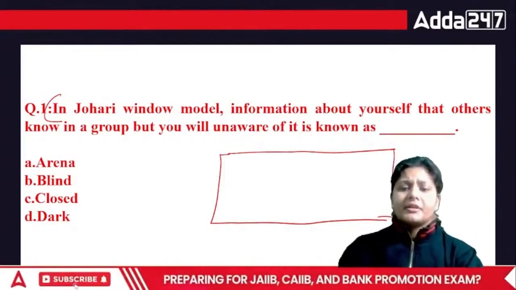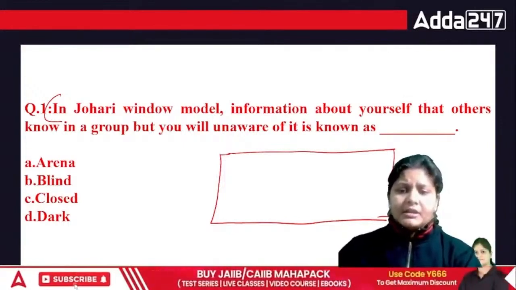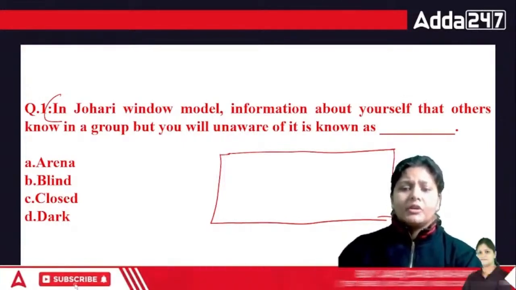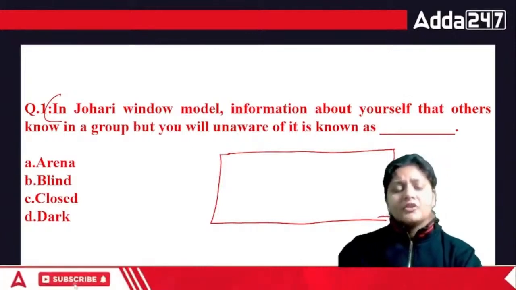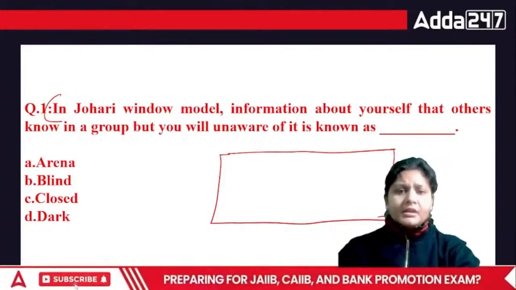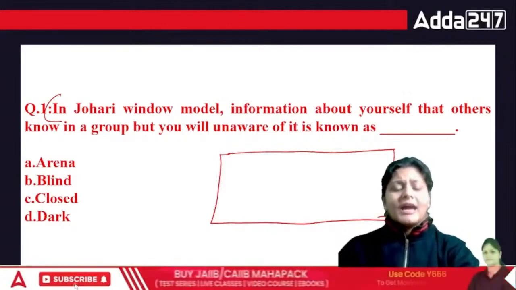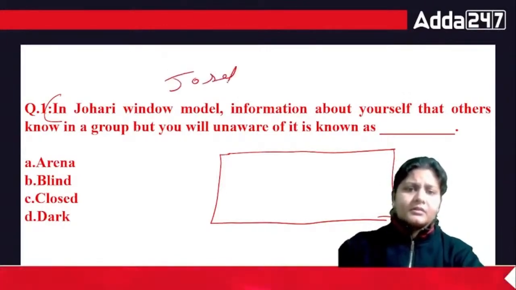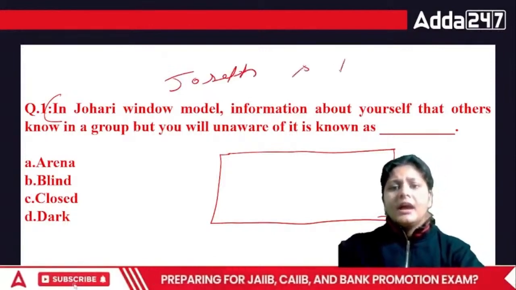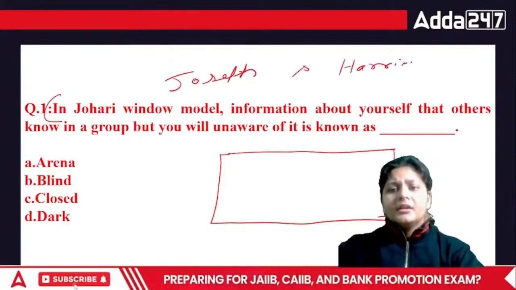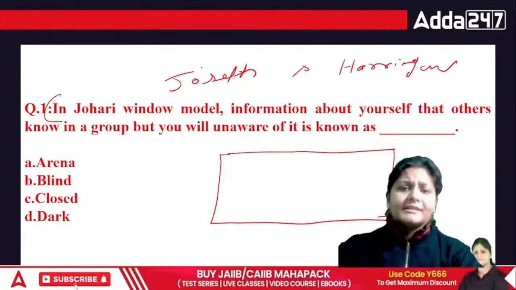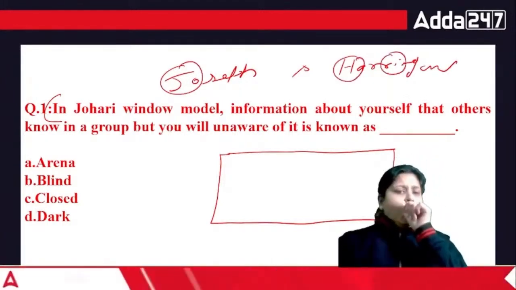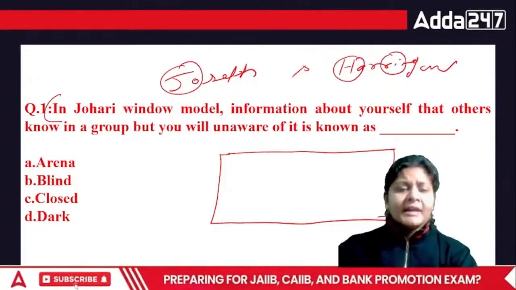The name Johari comes from their names only: Luft and Ingham named their model Johari, a combination of their first names, Joseph and Harry. So that is the Johari window.